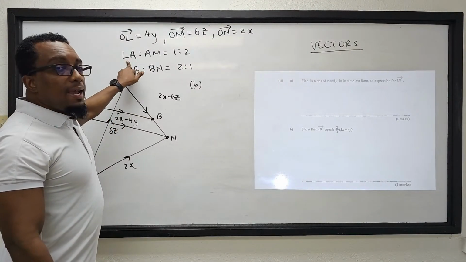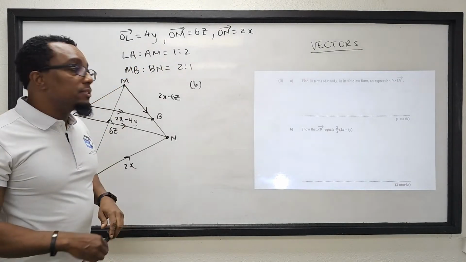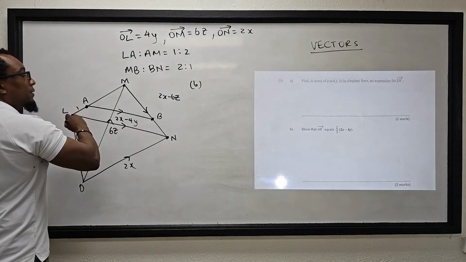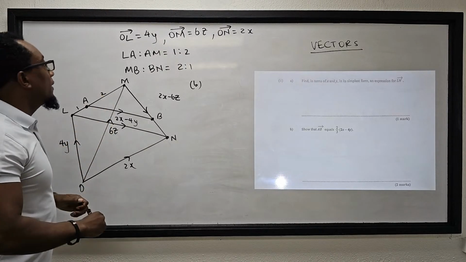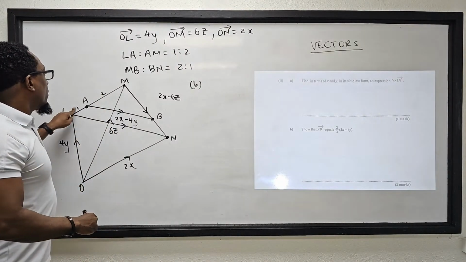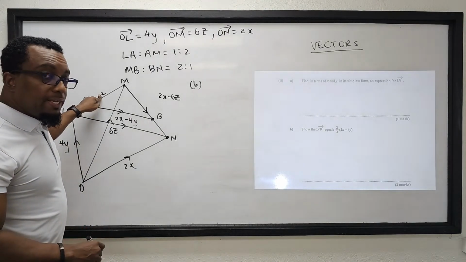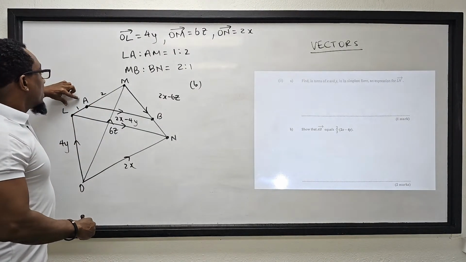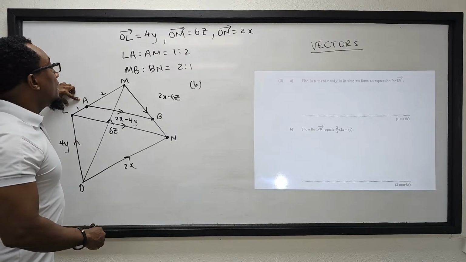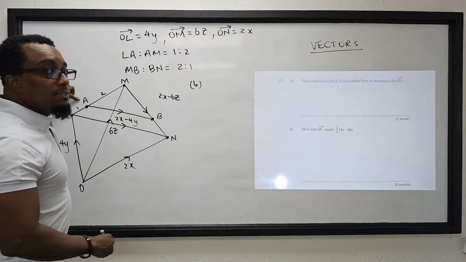It says LA to AM is 1 to 2. So this is 1 to 2, right? And what does 1 to 2 mean? It means that 1 plus 2 will give us 3, and will tell us here that vector LA is 1/3.